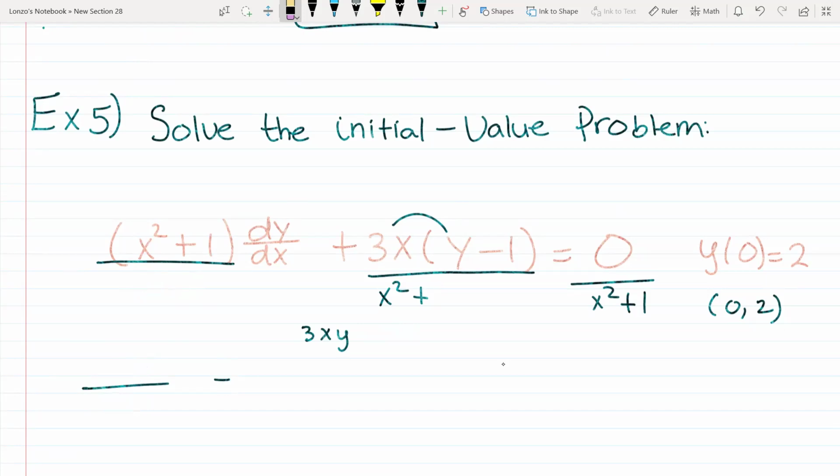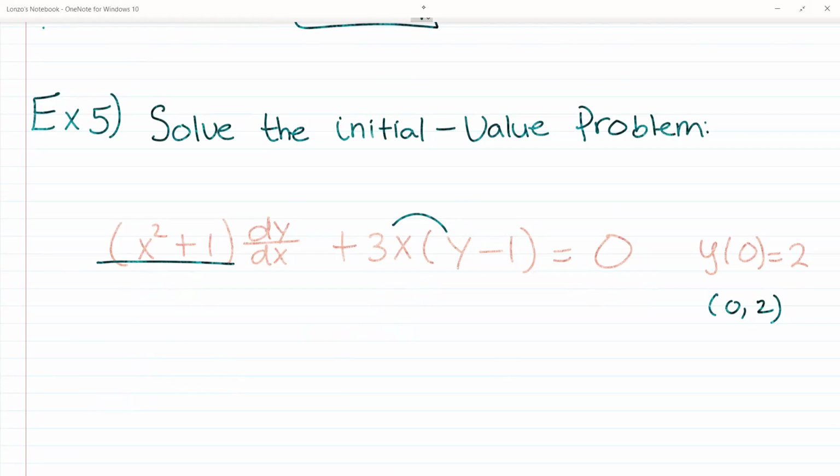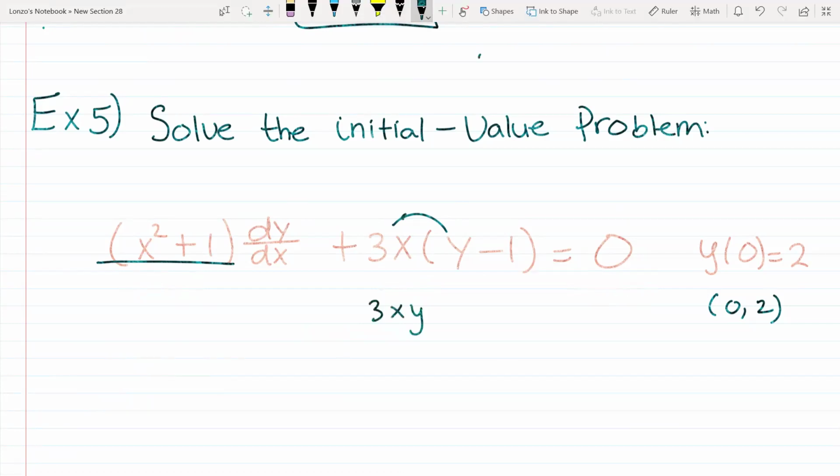I mean, FOIL out the 3x times that. This is 3xy minus 3x equals 0. Okay, and then what you would do next is, see, we have to have a y on the left side, so I have to move this negative 3x to the right.